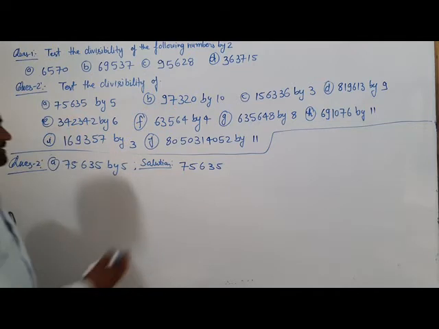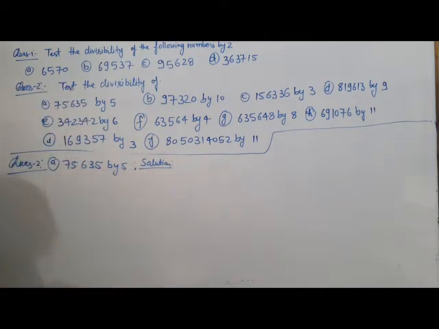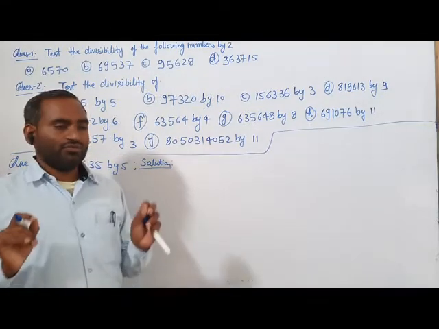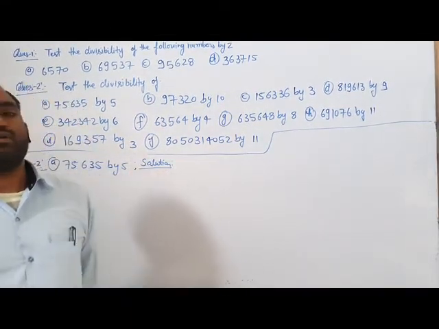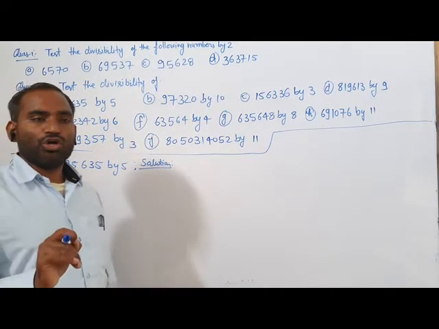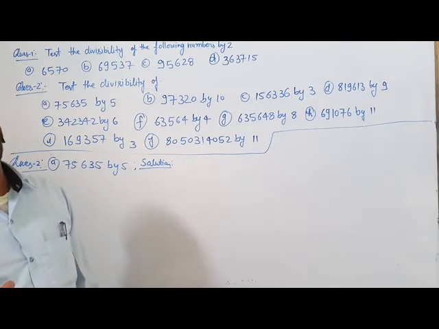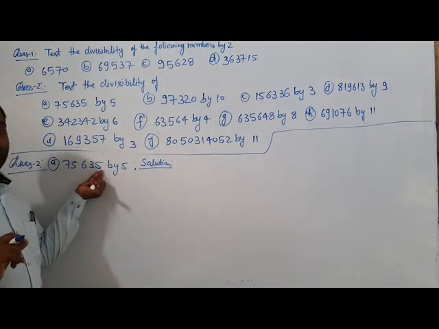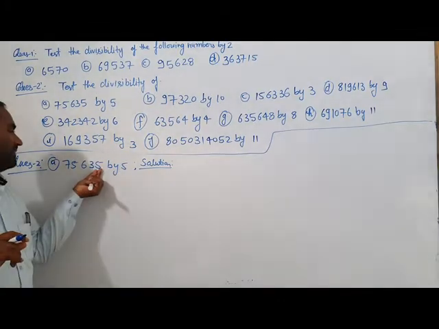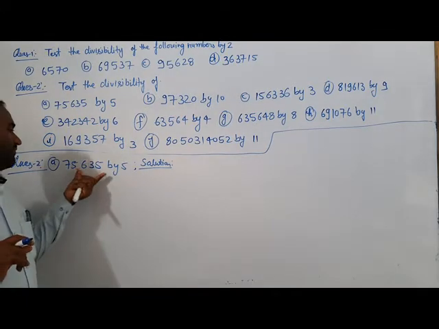What is the divisibility rule of 5? We know that if the unit place of any number is 0 or 5, then the number will be divisible by 5. Here we see that the unit place is 5, so this number will be divisible by 5.